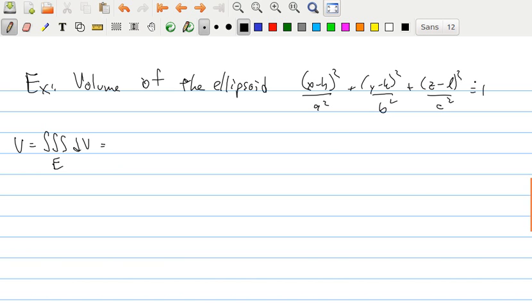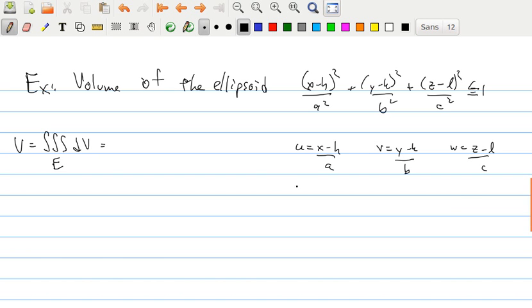So I guess I should say on here, it's everything inside the ellipsoid. So this looks sort of like a square plus a square plus a square is less than or equal to 1. So if I choose this quantity right here to be my u squared, then u equals (x minus h) over a, v equals (y minus k) over b, and w equals (z minus l) over c.